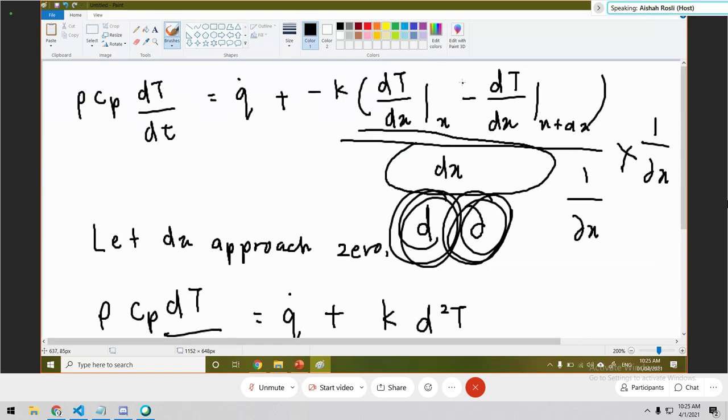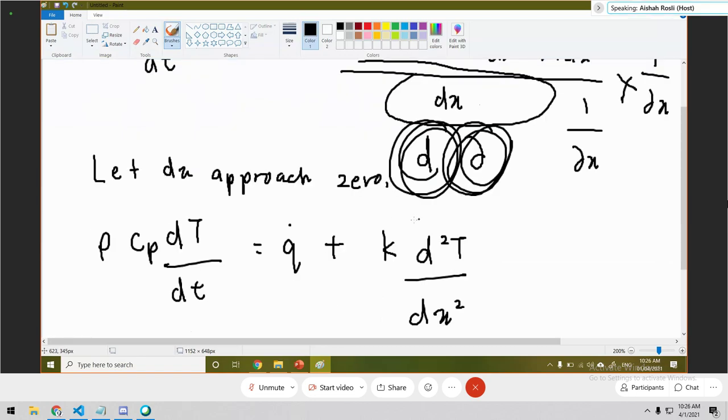So you times by this negative sign here and the negative sign disappears. So it becomes heat out minus heat in. So you will get this.